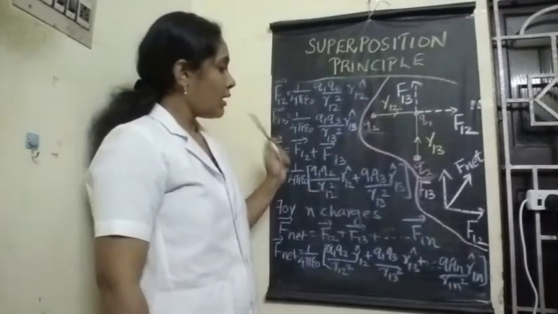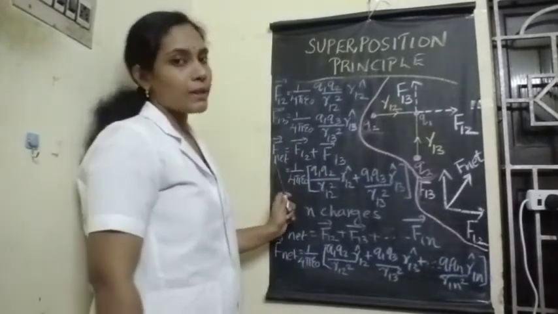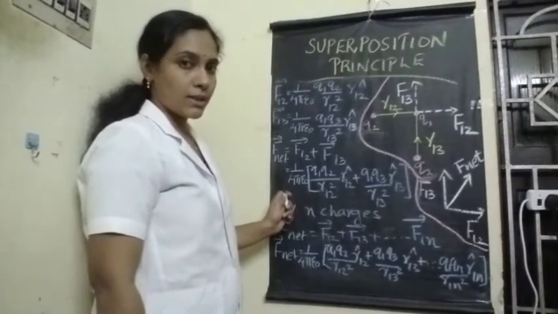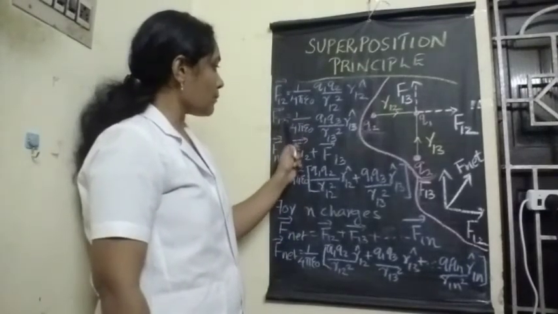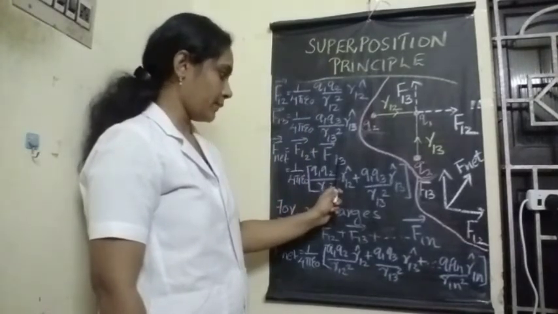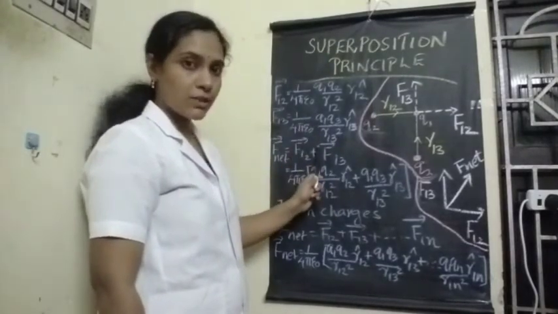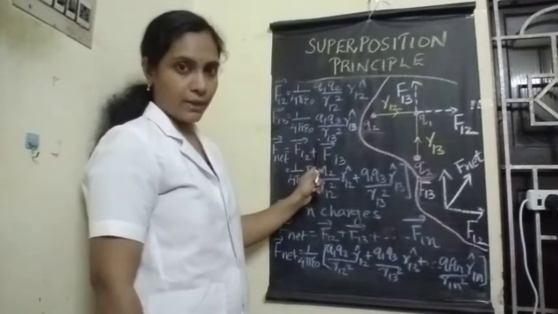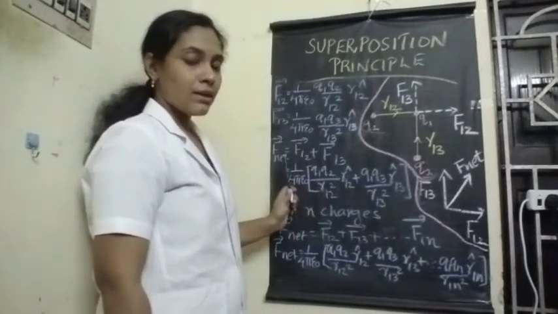Okay. Next, what will be the total force? The total force is equal to the vector sum of these two forces, F12 plus F13. Substitute the expressions for F12 and F13. So what will you get?